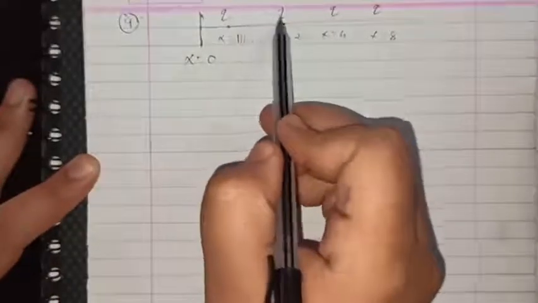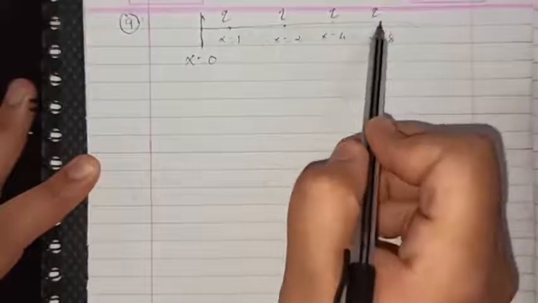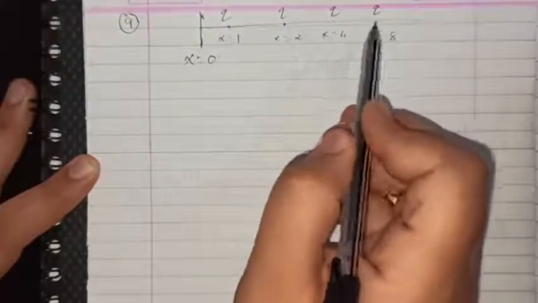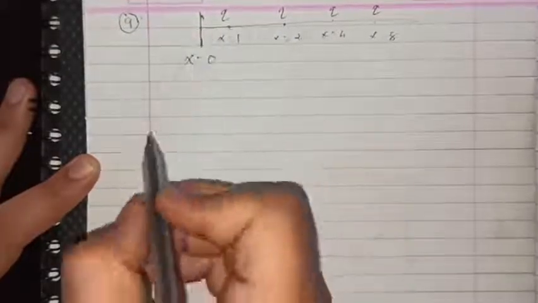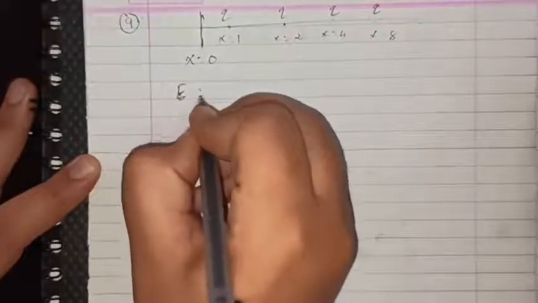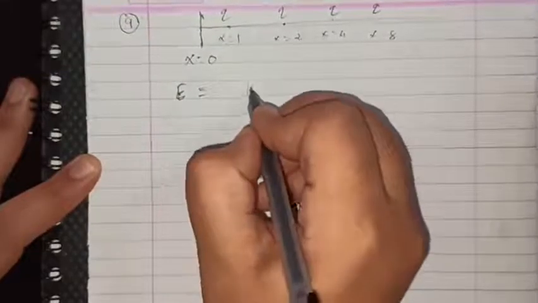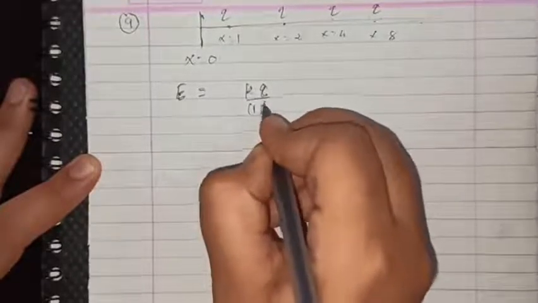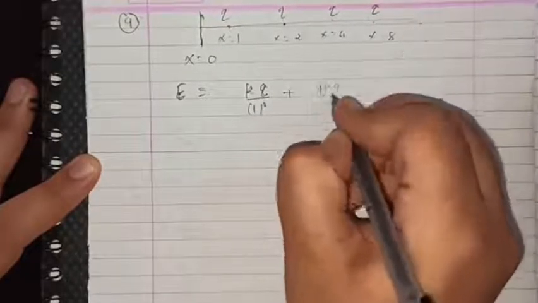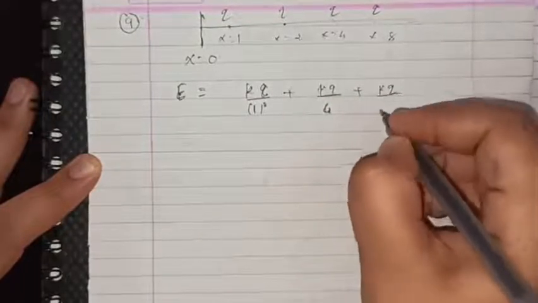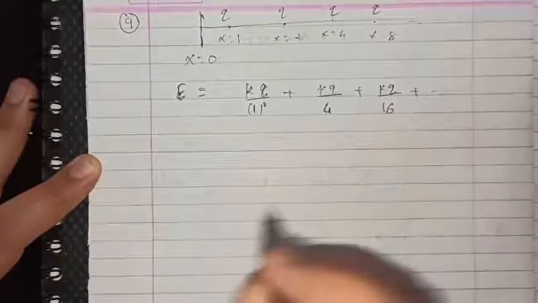Here, as all the charges are of the same magnitude and same nature, the electric field due to them will be directly added. So the electric field at x equals 0 can be written as KQ by R square, that is KQ by 1 square plus KQ by 2 square, 4, plus KQ by 4 square, 16, and so on.